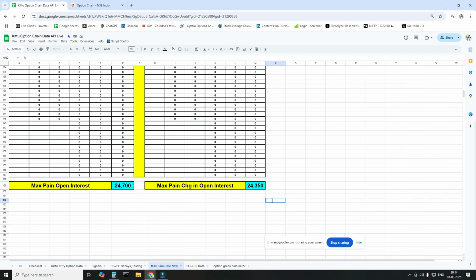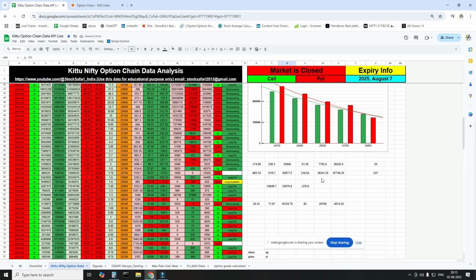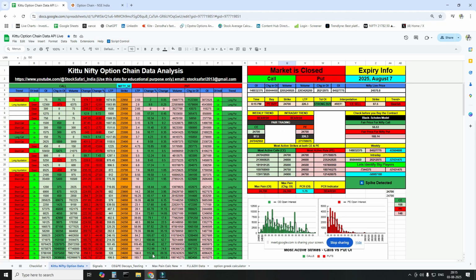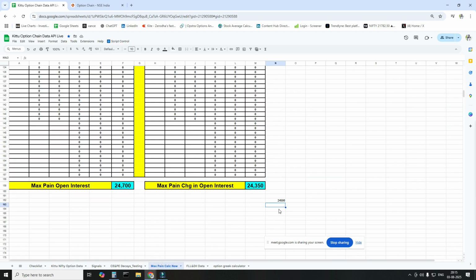As of now we know the market is around 24,500. What is the live price? 24,570. So 24,570 is our live price.